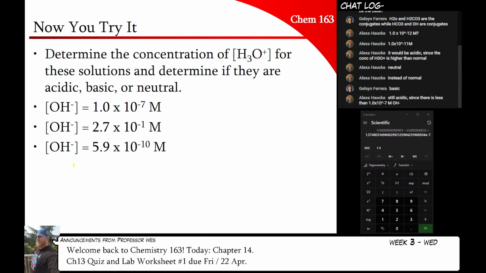All right. So I want you to do the calculations here. I've given you only hydroxides. I want you to tell me the amount of H3O plus for each of these solutions, and then tell me acidic, basic, or neutral. So I'm going to number these for you. So this will be solution 1. This will be solution 2. And this will be solution 3. I'm going to give you 5 minutes.